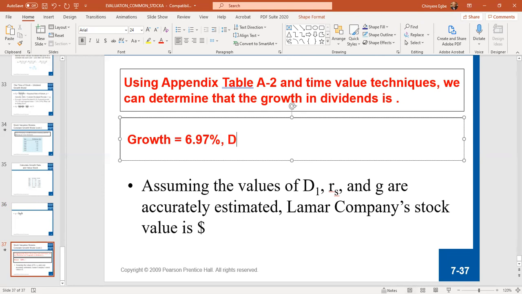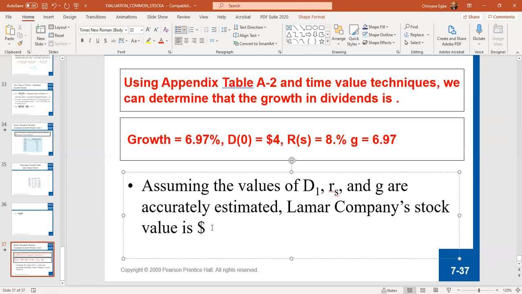Let's assume that D, the current dividend, equals, say, $4, and the required rate of return by investors, I call it RS, equals 8.3%. And our G, as we calculated it, equals 6.97. So what is the value of the common stock?